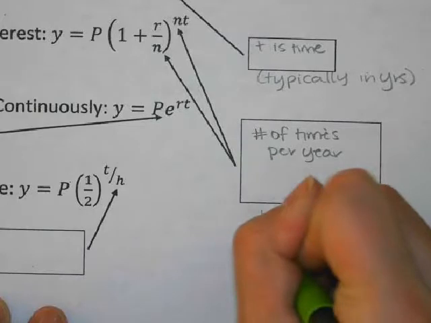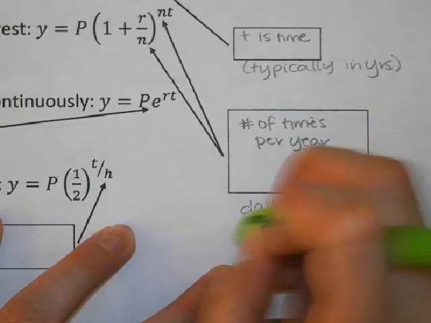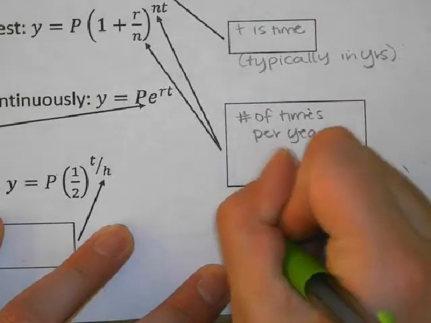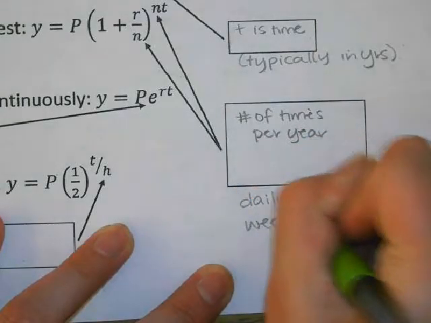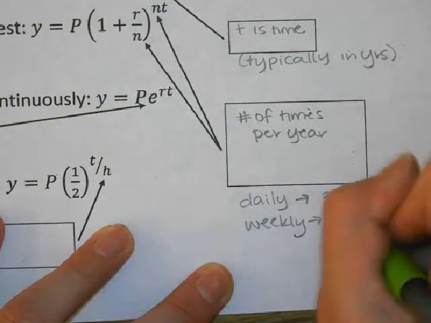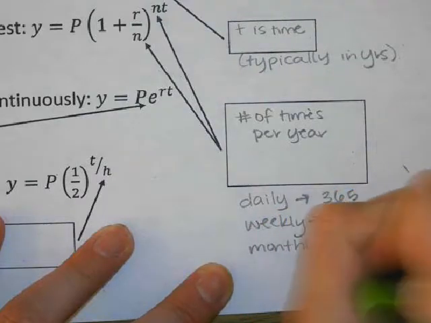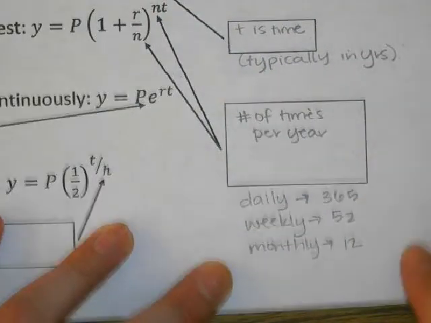If they say weekly, the next biggest one, I like to have these in order, how many times per year is that? 52, good. If they say monthly, it's 12. 12 months in a year.